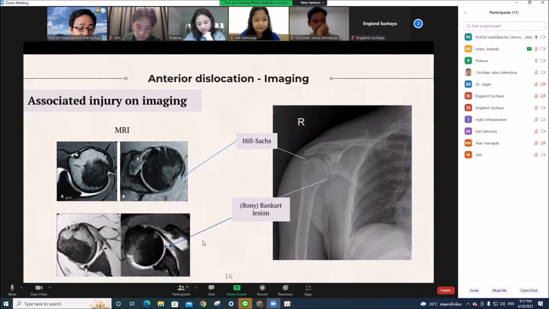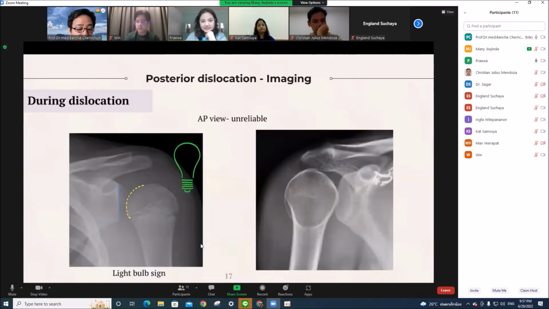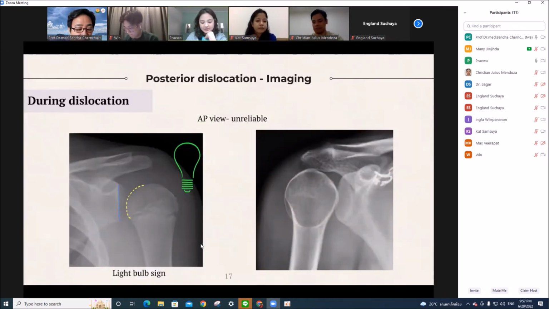Okay, next one. Next is the posterior dislocation. The sign that we can see is the light bulb sign. It's because the humeral head is internally rotated, so the tuberosity cannot be seen so clearly, and it appears like a circular light bulb sign.